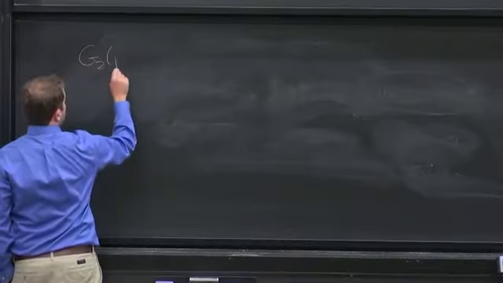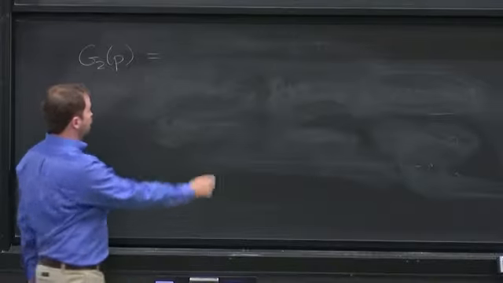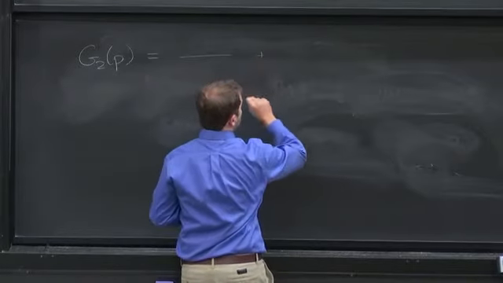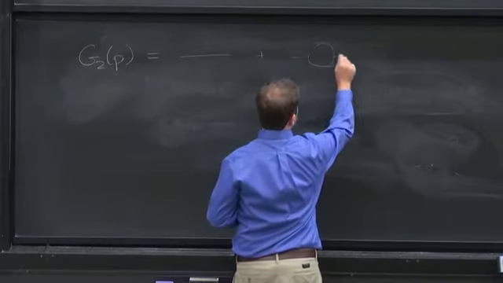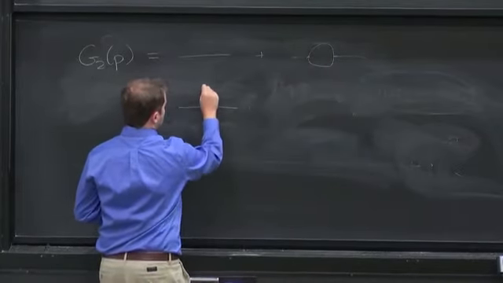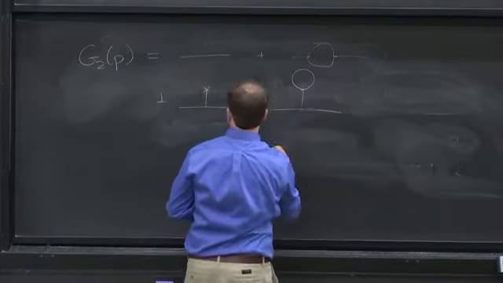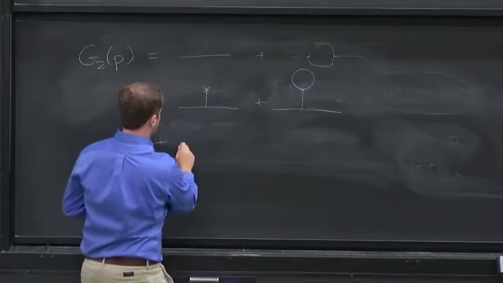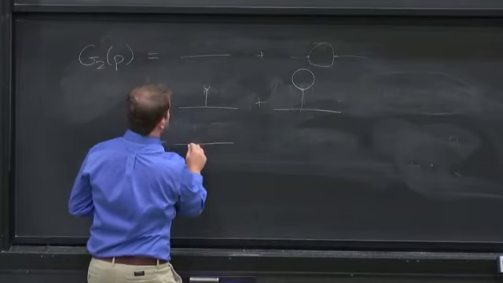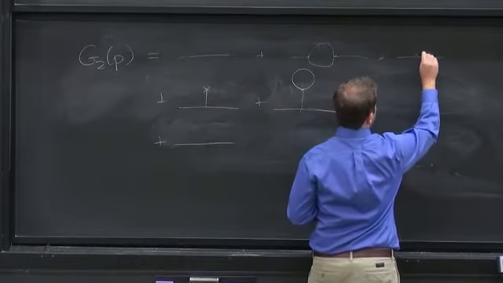We try to compute G2 of P using perturbation theory. Leading order, we just have a line. There's extra terms. Could have a term like this. There are also terms like this or like this. There are additional terms. We could have a term like this.